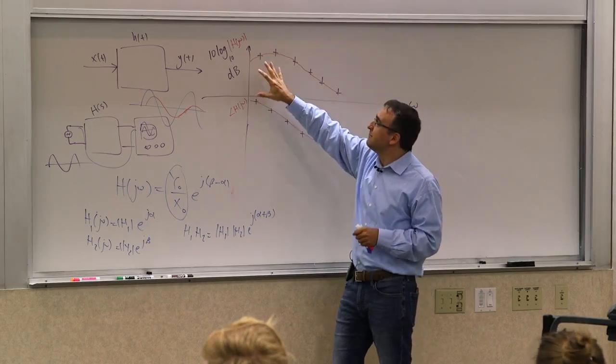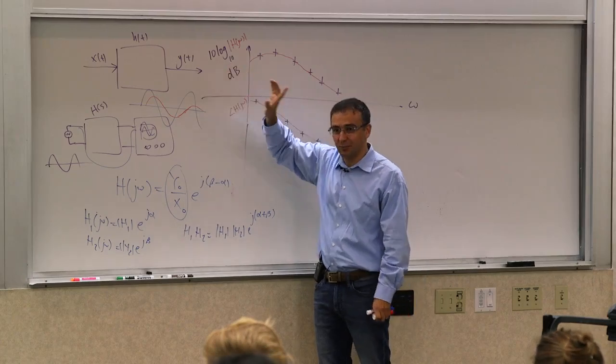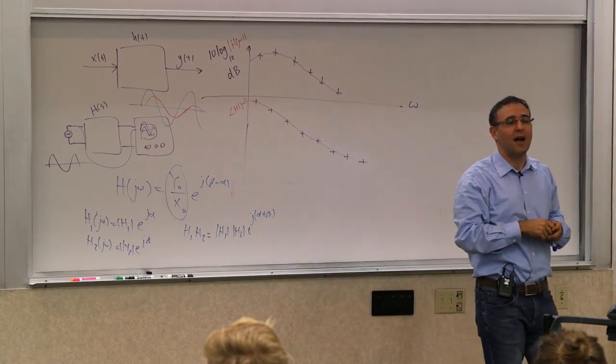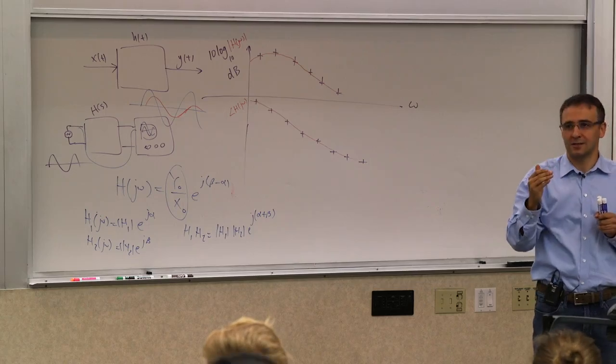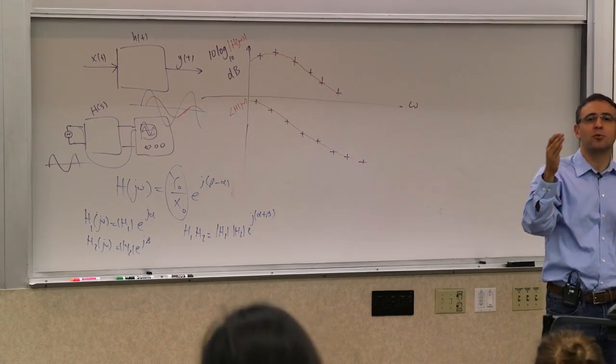Now, decibel is measured for power, right? So there's another subtlety to make it even more interesting in terms of what that decibel is. If it's a ratio of powers, output power to input power, what is the power proportional to?